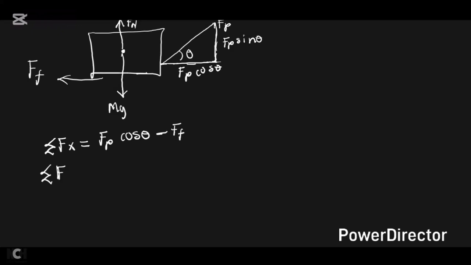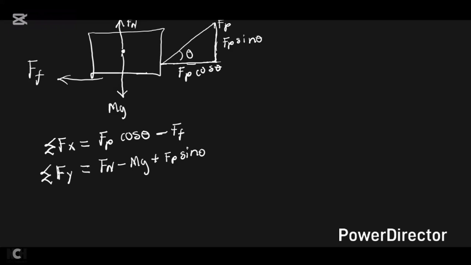How about the forces found in the y-axis? Here you say the summation of forces in the y-axis. We have the normal force going up, and the gravitational force going down, so it's mg. And this force in the y-axis is going up, so plus FP sine theta. Remember that if you are asked to calculate the acceleration, the acceleration only goes in the x-axis, not the y-axis.